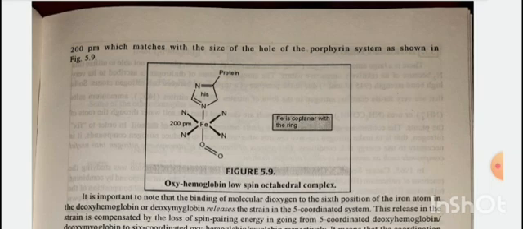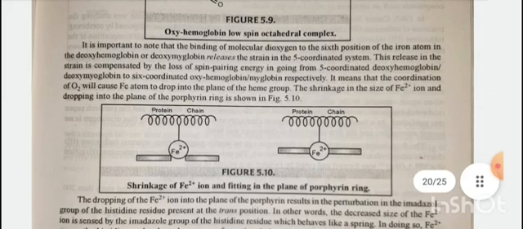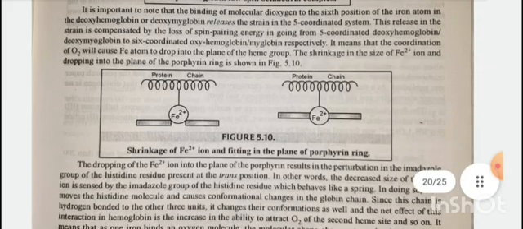as shown in figure 5.9. It is important to note that the binding of dioxygen molecule to the sixth position of the iron atom in oxyhemoglobin or oxymyoglobin releases the strain in the 5-coordinated system.